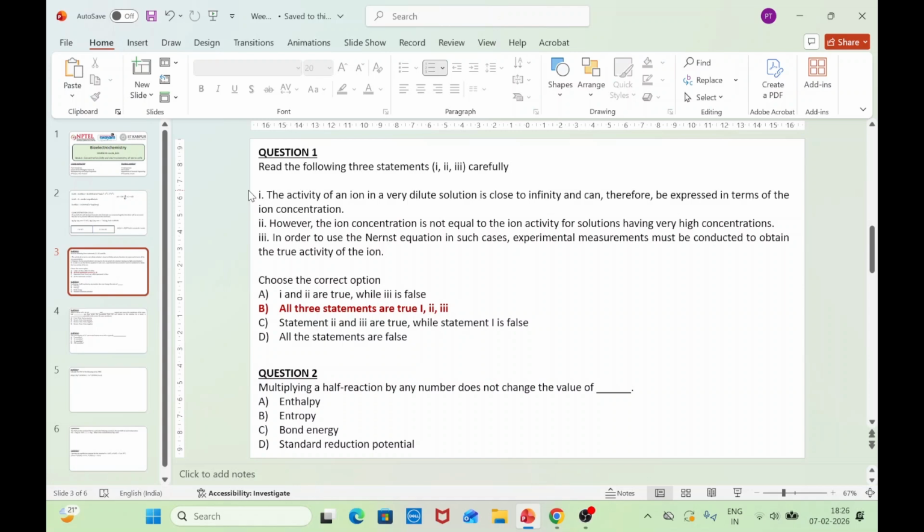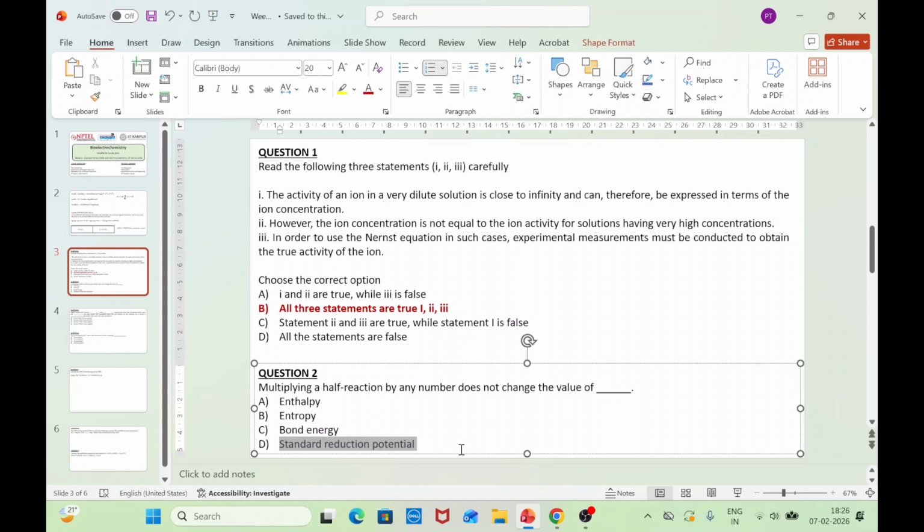Yes, standard reduction potential. That value depends on the property of the element to accept or donate electrons. So that value will not change if you decrease or increase the number of moles of the element utilized in that half cell reaction.